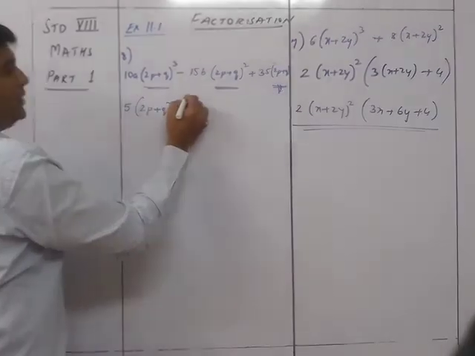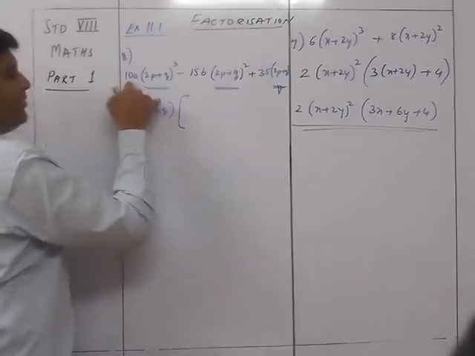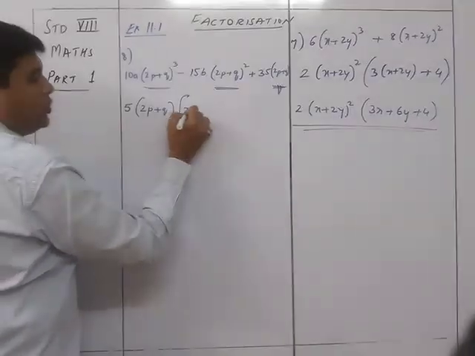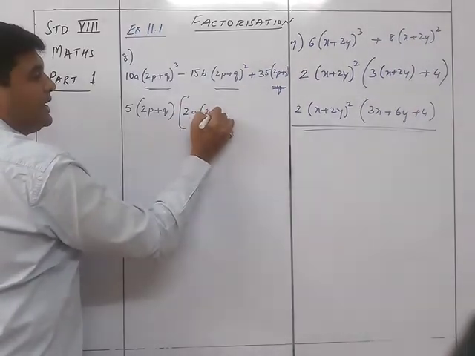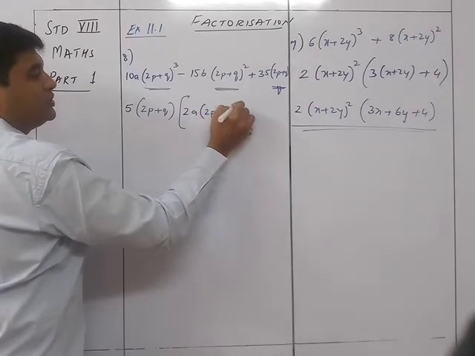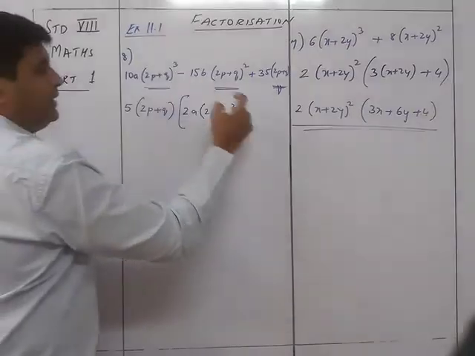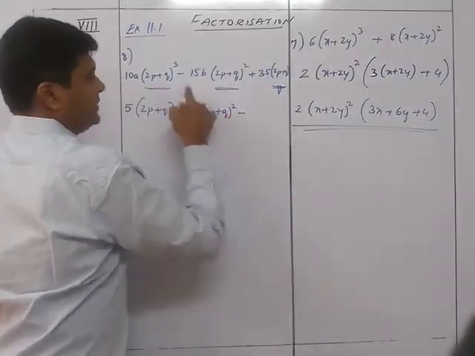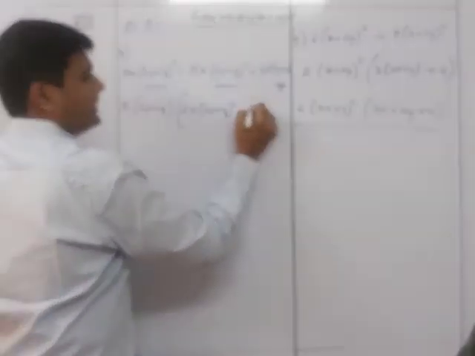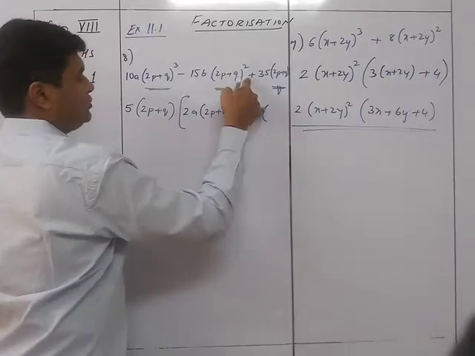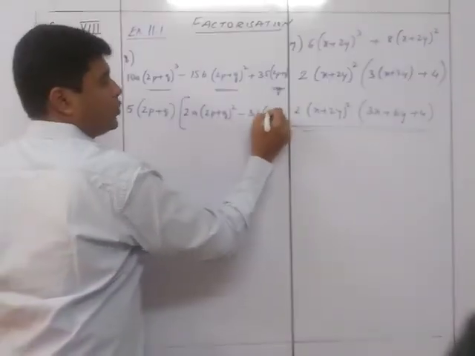Once you take out the common, what is remaining here will be 10a upon 5 is 2a. So 2a is remaining and the balance we get is 2p plus q the whole square. Here it will be minus 15 divided by 5 is 3. So minus 3b and it will be square, and if we divide this, we get 2p plus q.